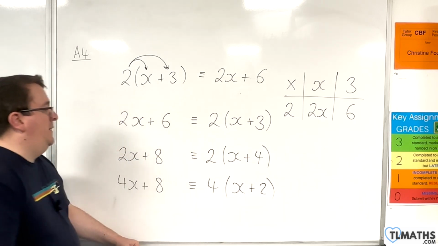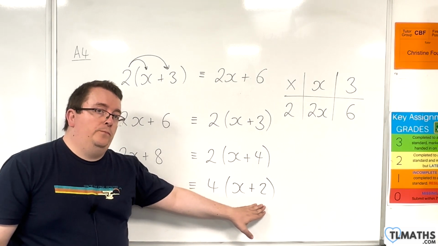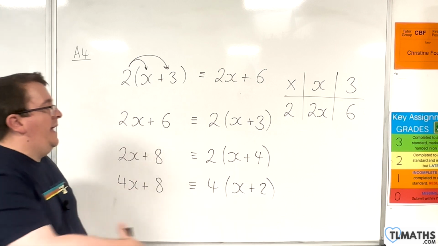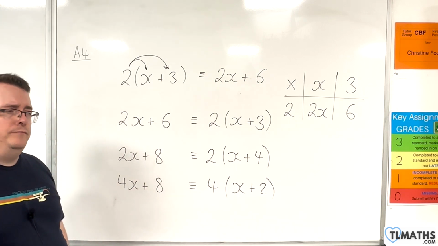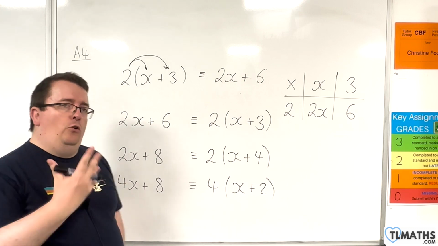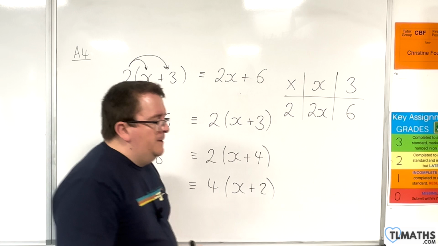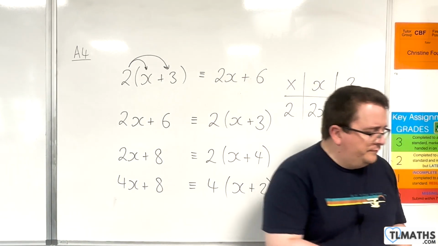So actually, fully factorised, it is 4 times x plus 2. Now, what you're seeing here is just looking at those coefficients and then looking for a highest common factor to factor out. Okay? But factorising does get harder.